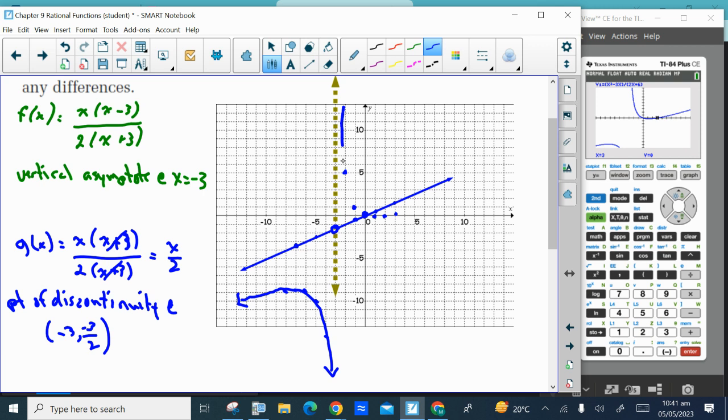So this graph will look something like this. And we can talk about the differences where F has a vertical asymptote at x equals negative 3, whereas G has a point of discontinuity at x equals negative 3. It also has a slant asymptote. So those are the big differences between the two.